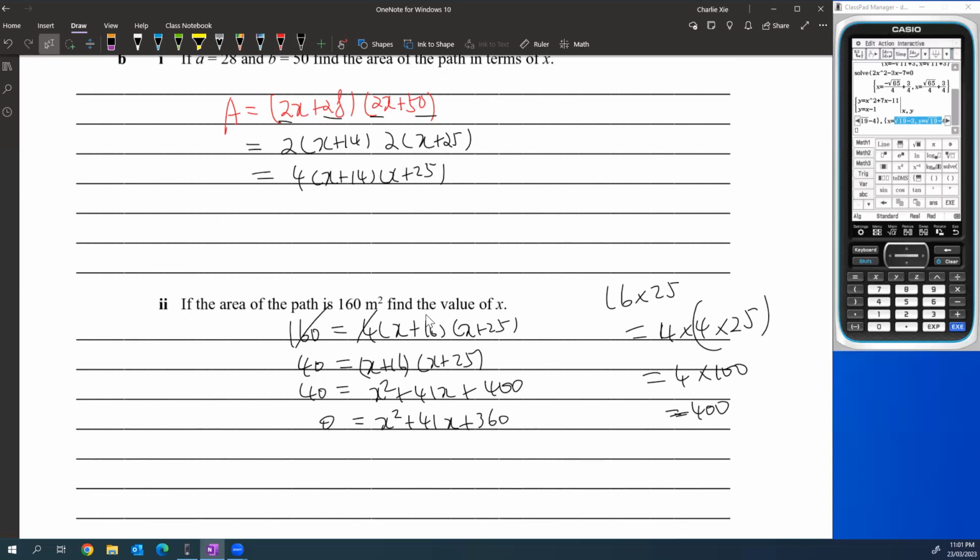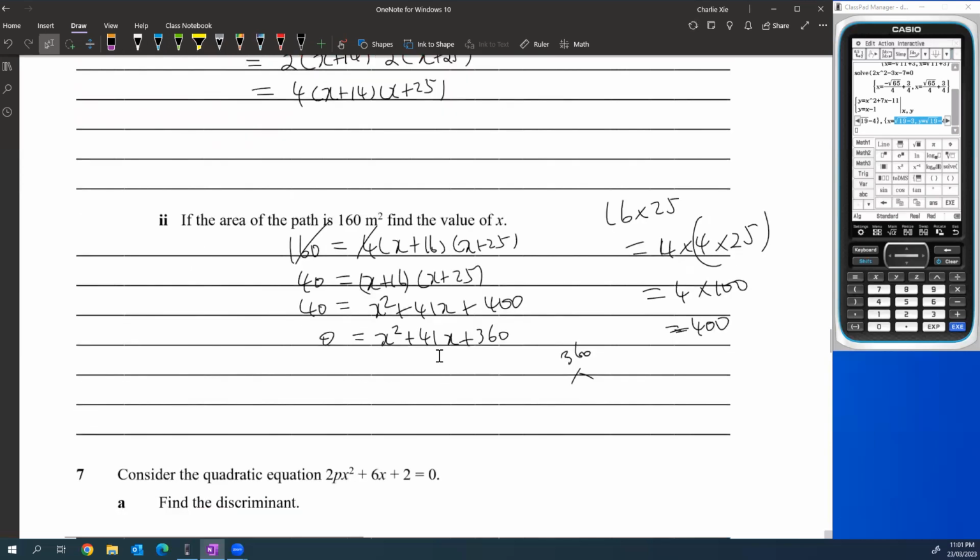Okay, now factor this. Check out the last term, 360. Think about two numbers multiplied to get 360 and added to 41.